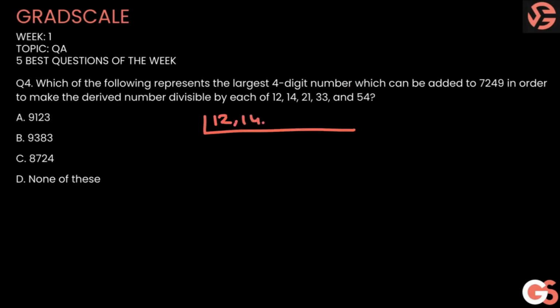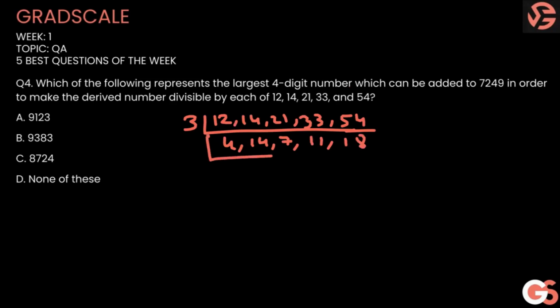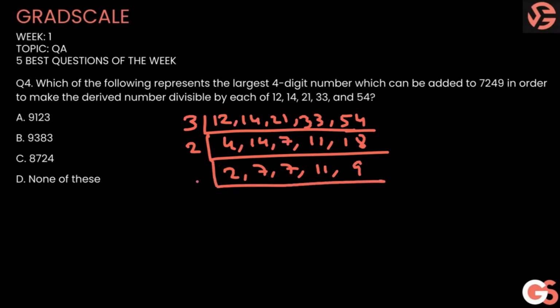So it's divisible by 3, 4. Next 2. So divided by 7.